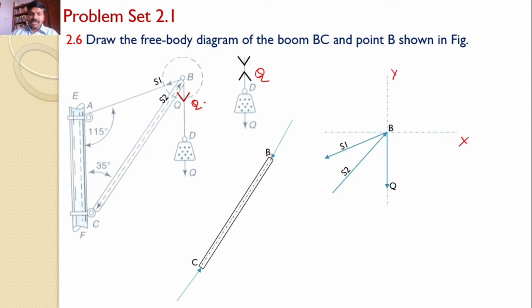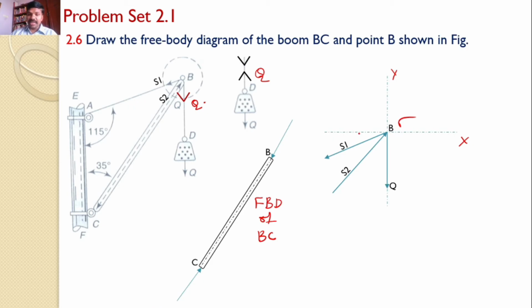So this S2 is opposite to the force acting on BC. Hence, this is the free body diagram of BC, and this is the various forces acting at B.